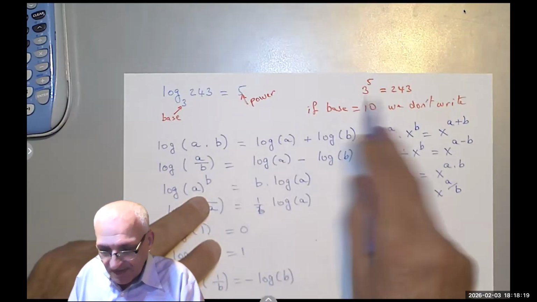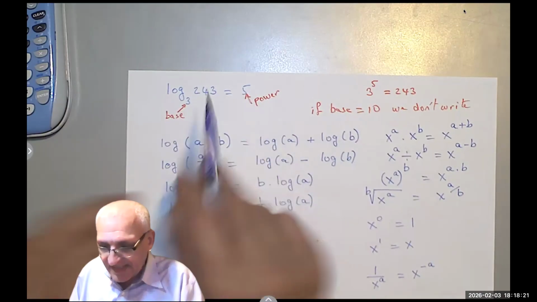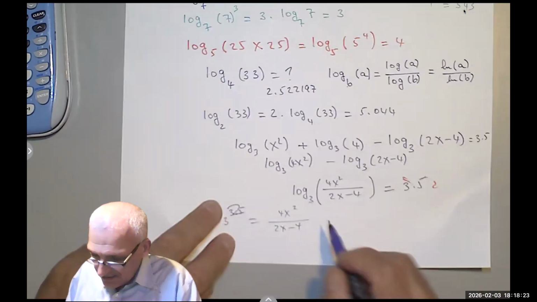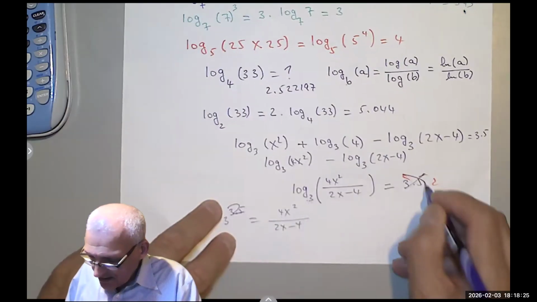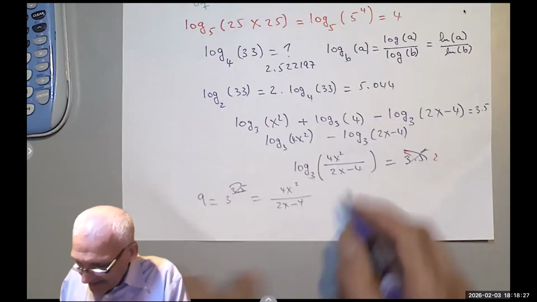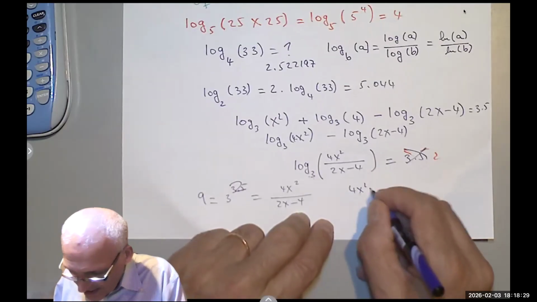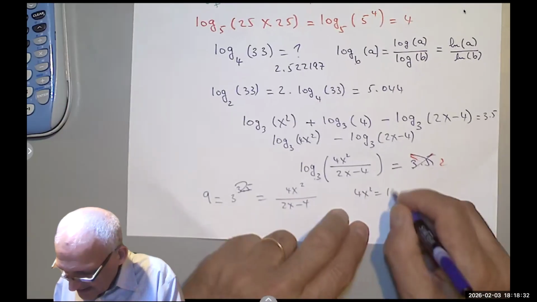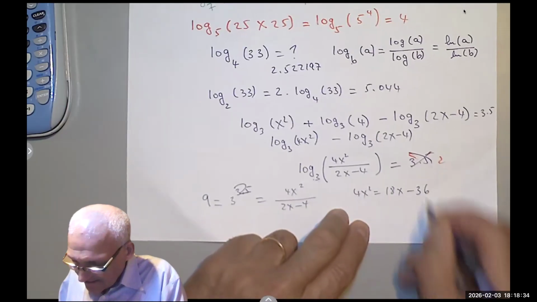Right? That's what we said here. 3 to the 5th equals that. 3 to the 2nd equals that. And then you say 4x squared equals 9 times that minus 36.